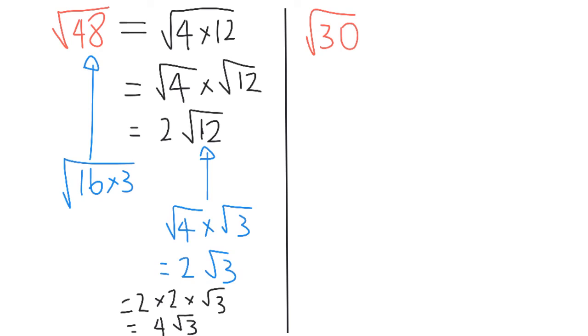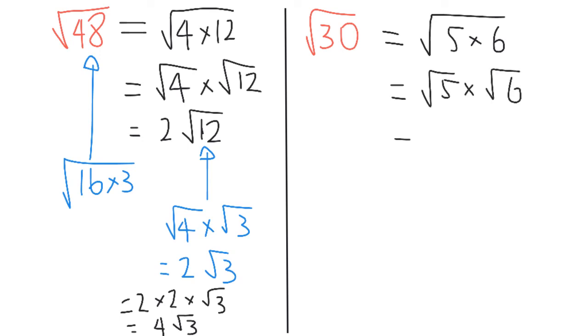Now, if we have a look at root 30 here, let's think of the factors of 30, and I'm going to go take 5 and 6. I would normally look for square factors, but I want to show you something with 30 before we move on. I've got 5 by 6, so that I can actually split up into root 5 by root 6. I can take root 6 a little bit further.